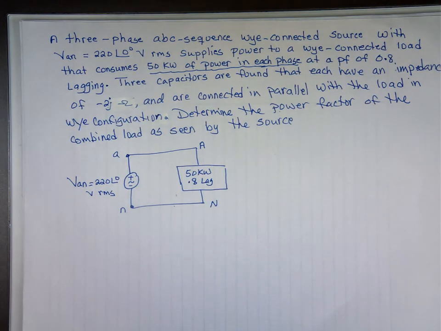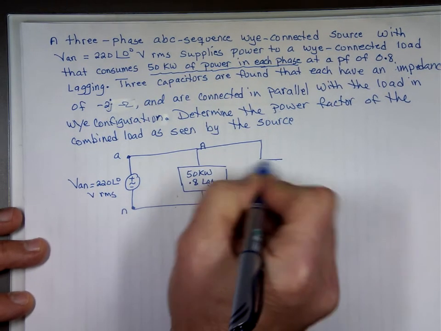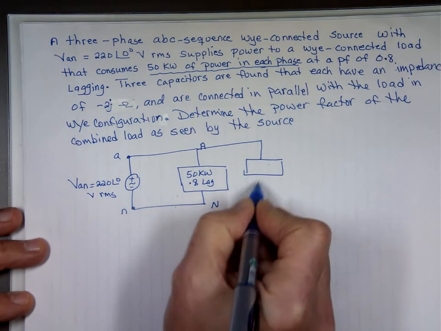We also found there are three capacitors that each have an impedance of negative 2J, connected in parallel with the load in Y configuration. So we have a capacitor here of negative 2J.